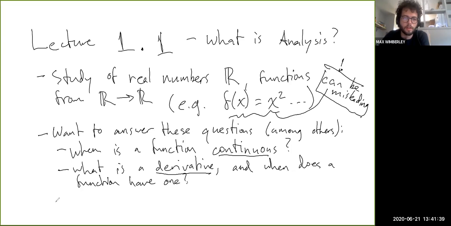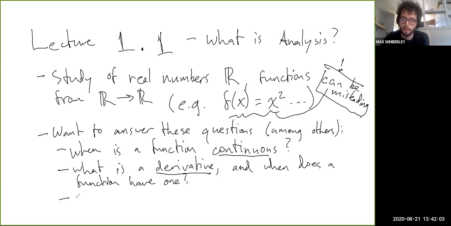I'm going to warn you right away that the way we approach derivatives in this class will be a bit more intense, a little bit more serious than how you might think of them right now. It's a hairier concept than you might give it credit for, but you'll see. I'll explain this a little bit more later.